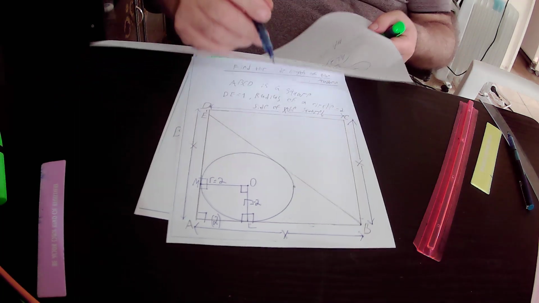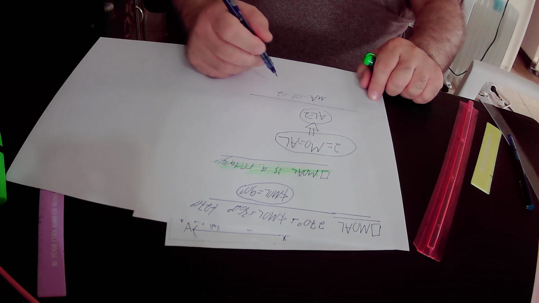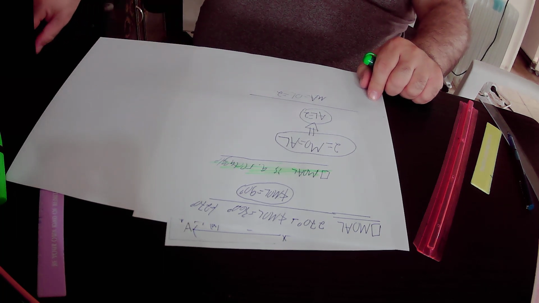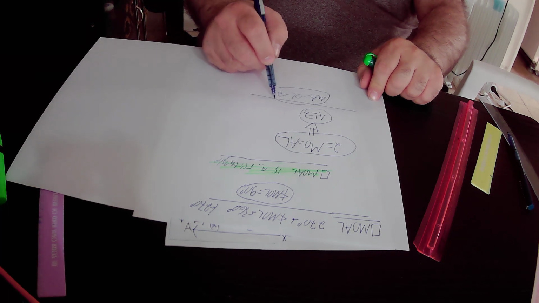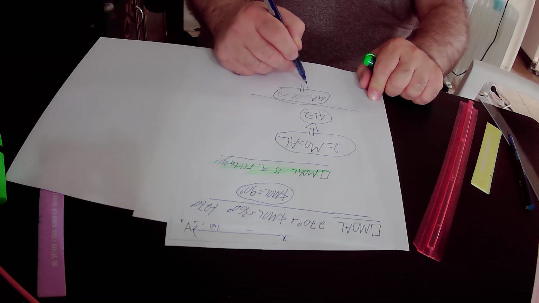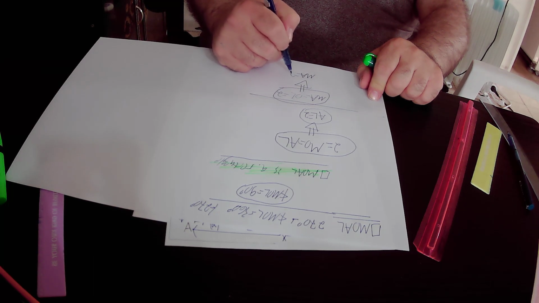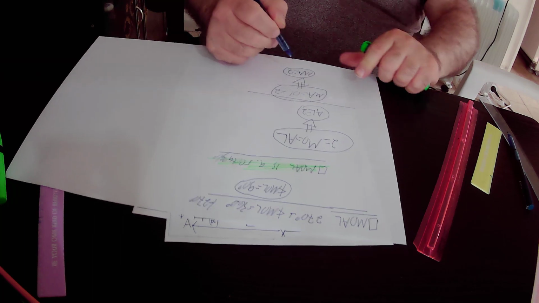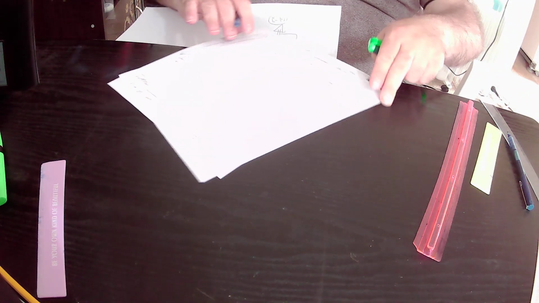It is the radius of the circle, so you can write here that ON equals 2. And from this equation, MA equals ON equals 2, we derive that MA is also equal to 2 units. You can write here that MA equals 2 units.